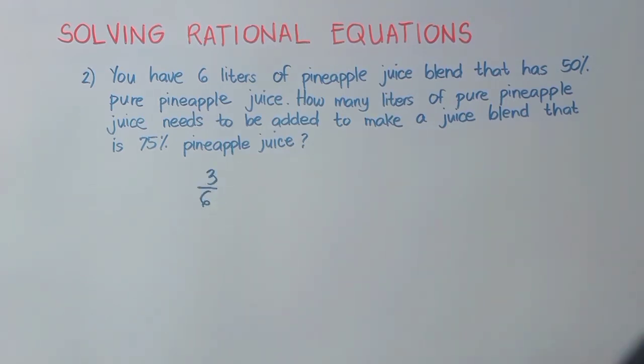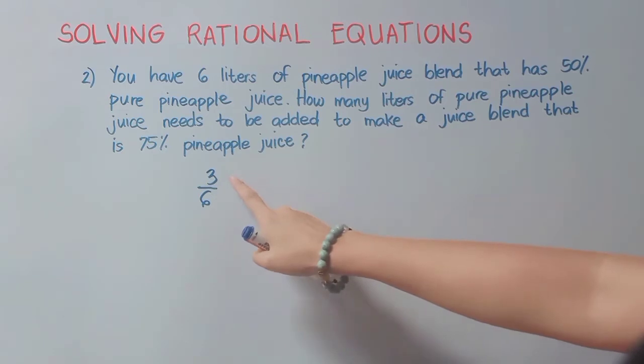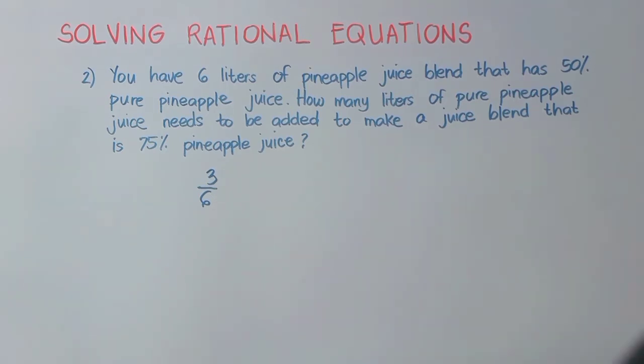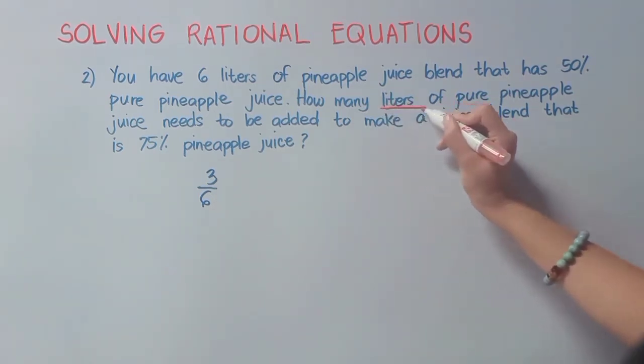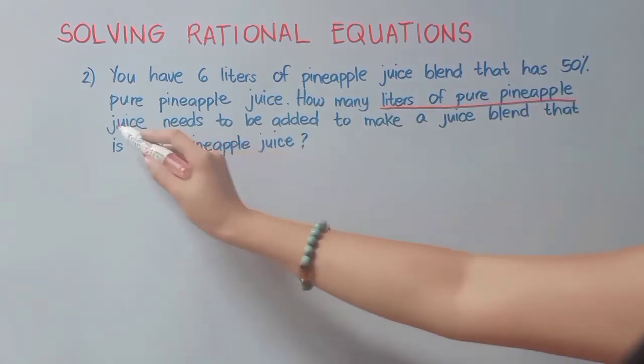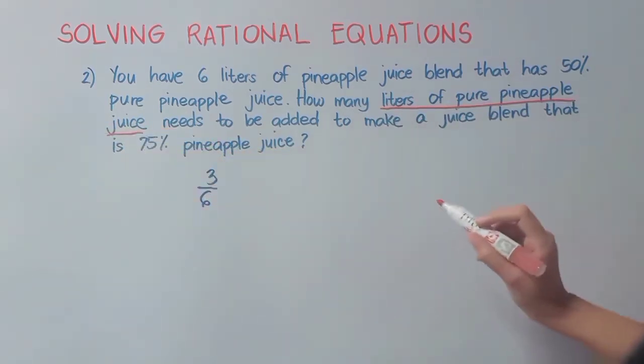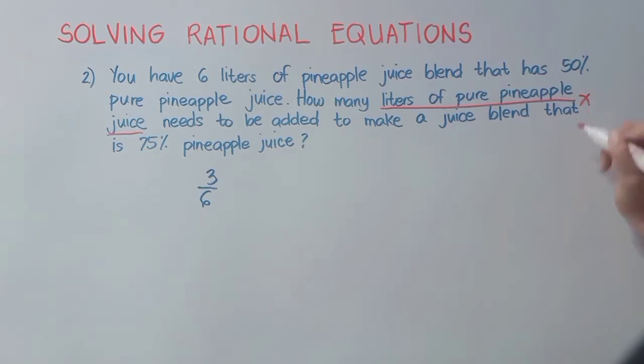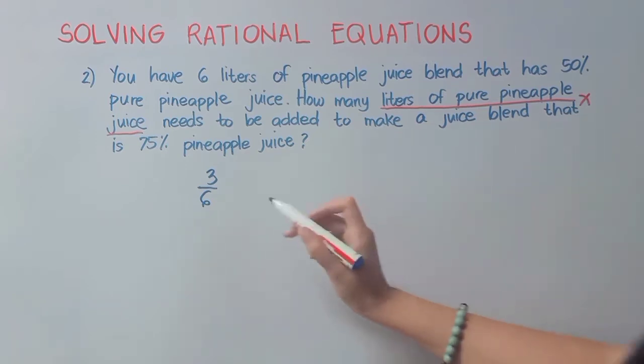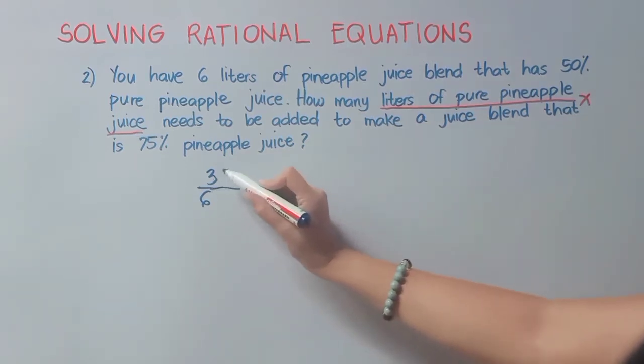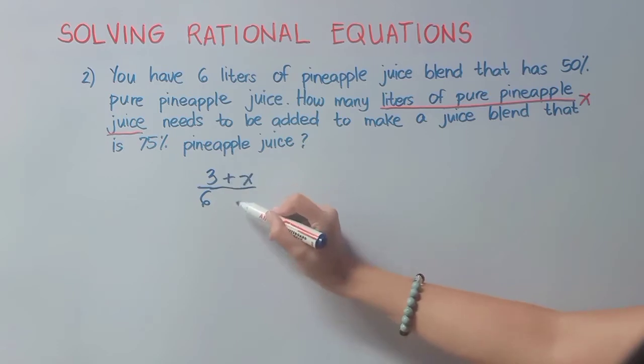Now, we have to add a certain number of liters of pure pineapple juice to it in order to increase its concentration. But since this number of liters is still unknown, let us label it as x. So we will add x to 3 and we will also add x to 6.